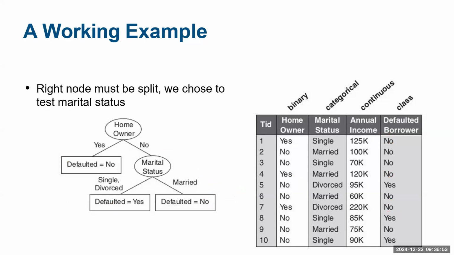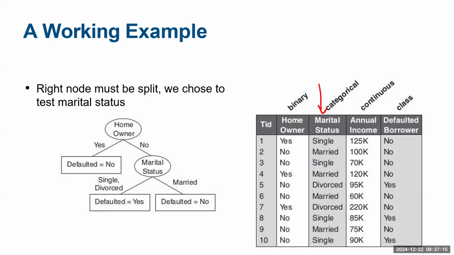So I try to split with the second column. I already tried the first column, so I will not go back to it. I pick marital status, and it's a category.